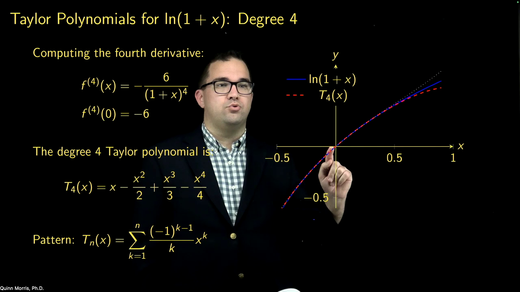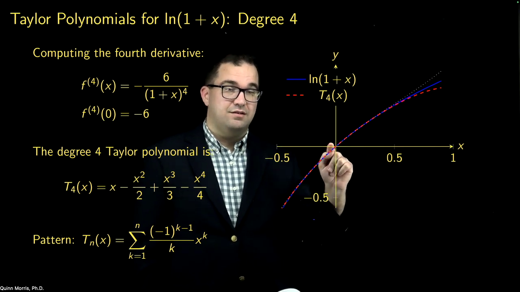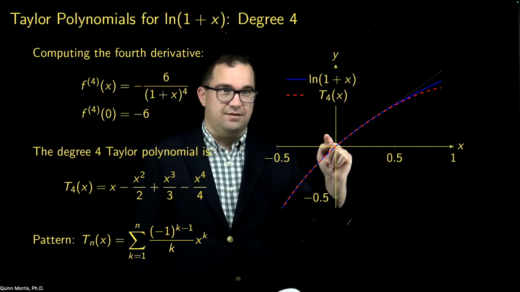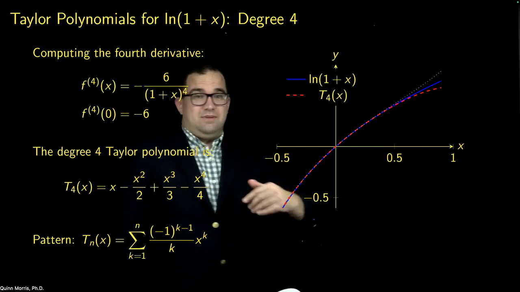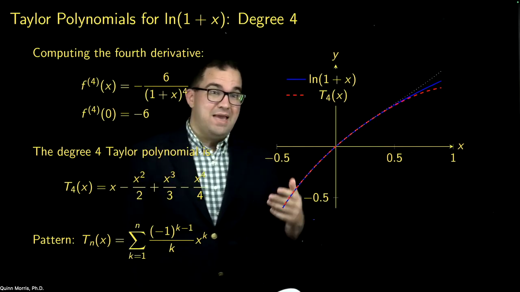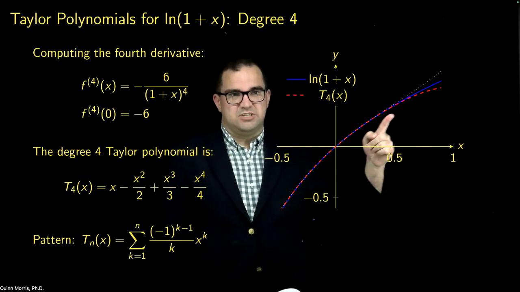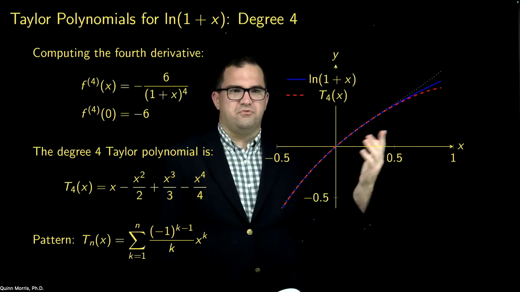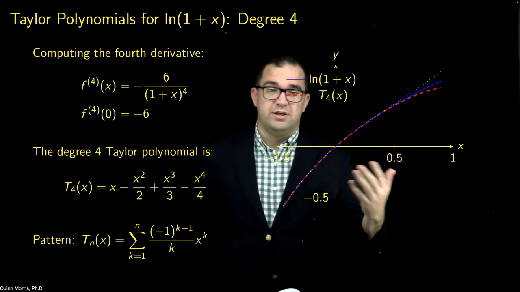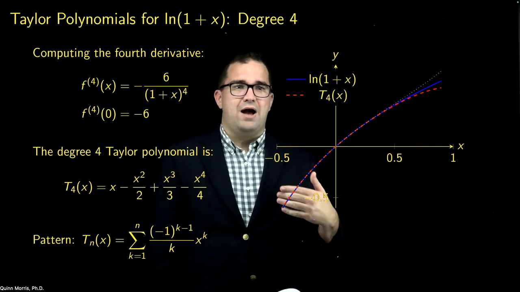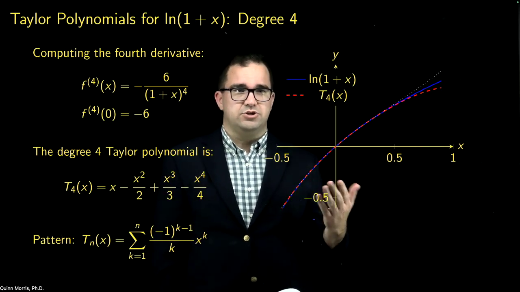It's designed to approximate this function really well at a, in this case, at 0. It's just a happy fact that it may continue, like in this case, it seems to continue to be a good approximation for a little while, but without some additional analysis, we don't know for how long it will be a good approximation.